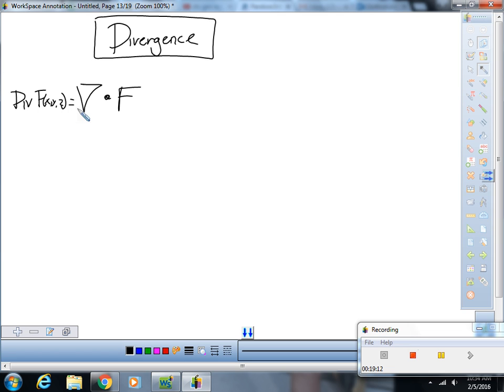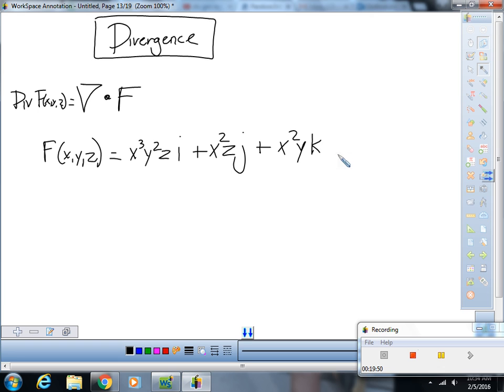Now, it's hard to understand this, but what they're basically telling you to do is, let's say f of x comma y comma z equals x cubed y squared z i plus x squared z j plus x squared y k.